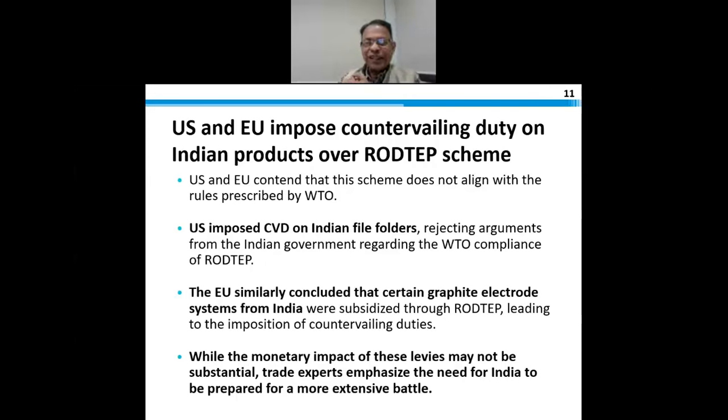And ask them to file the returns duly audited by chartered accountant. If that is done, then I can submit those documents as a proof to EU or to US that look, this is what we have done, this is scrutiny we have done, and therefore whatever rates fixed, they are taken care of, and therefore they are compliant with WTO.